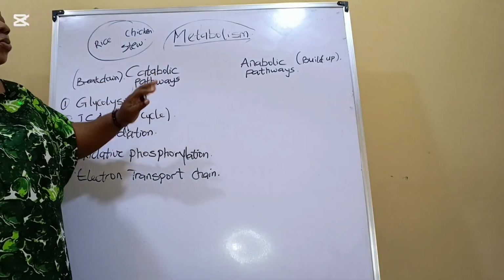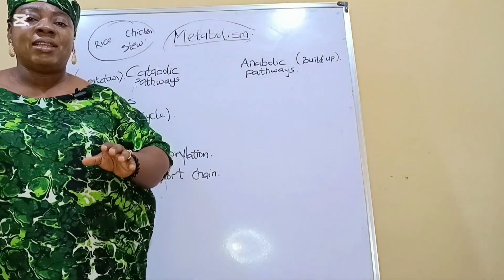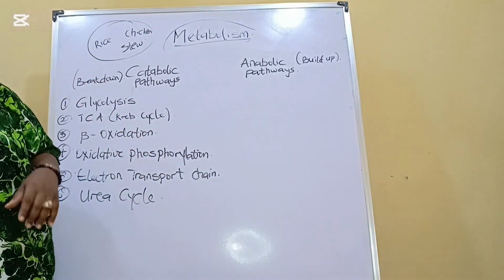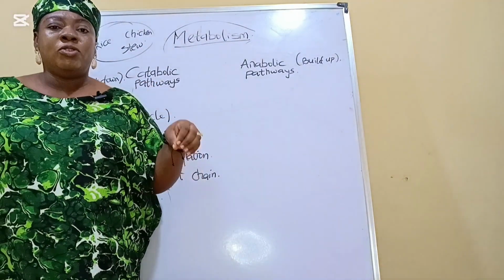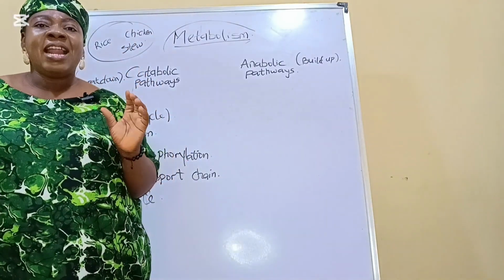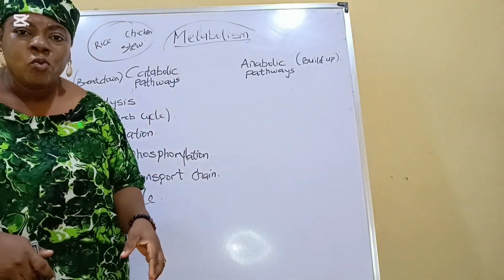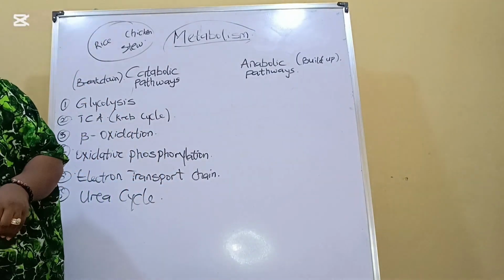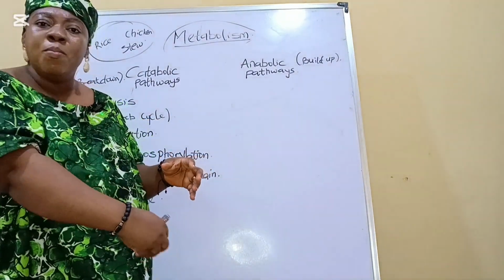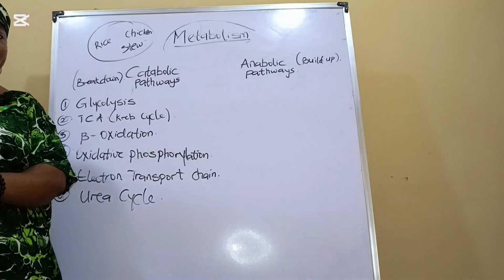Another catabolic pathway is the urea cycle. What happens in the urea cycle is that ammonia will enter this cycle, and it will be broken down, and there will be release and removal of urea, which is toxic to the system. So it helps us to remove urea from the ammonia that enters, and it will be excreted out.